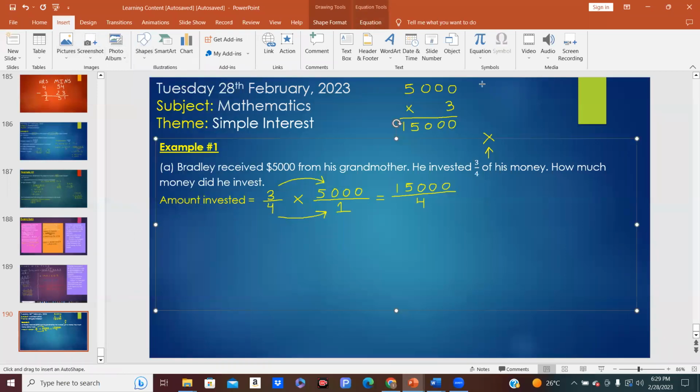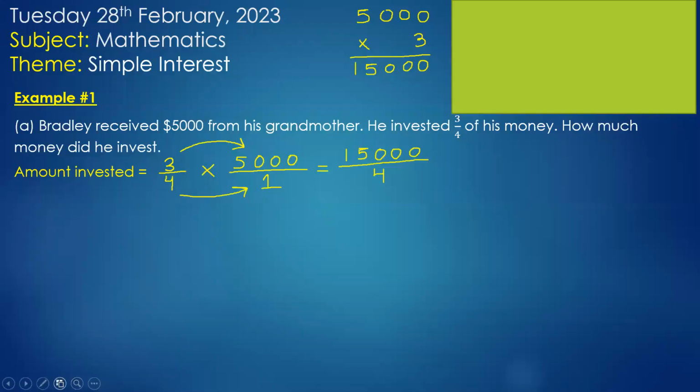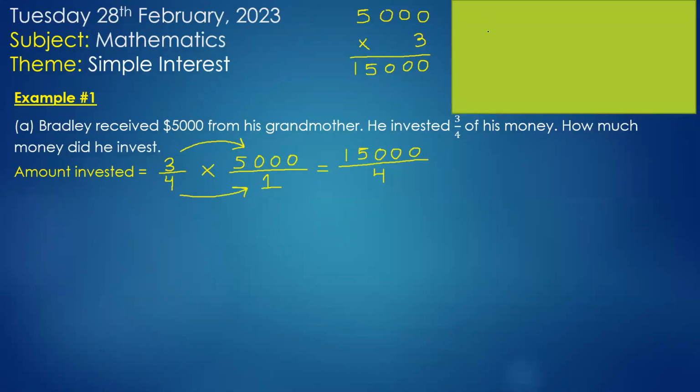So let's divide 15,000 by 4. I'm going to do it above so I have space. When you're doing your work, I really want to see you actually dividing, because in the exam you're not going to have any calculators for those taking the BGCSE.